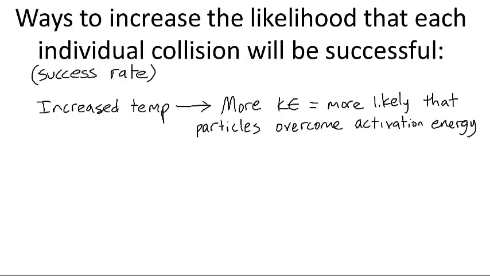So enzymes are an example of this broader category of compounds that we call catalysts. Catalysts really operate in two different ways that are both related to lowering the activation energy of the reaction.